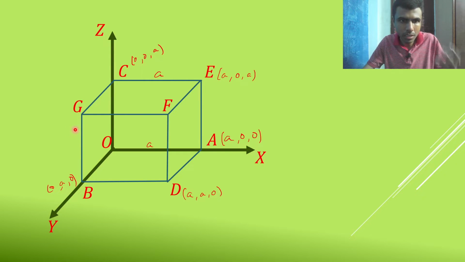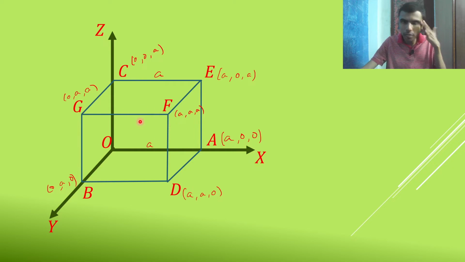And G is in YZ plane, so X is going to be 0, and G will be (0,A,A). And F is somewhere outside; it does not lie in any of the planes. It's a point in space. So F is going to be (A,A,A).